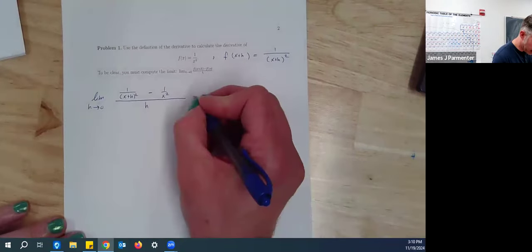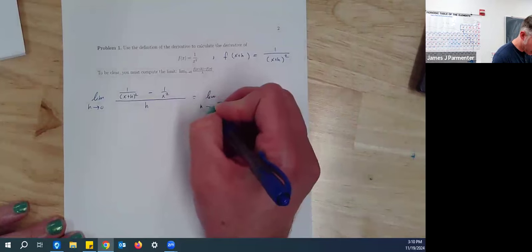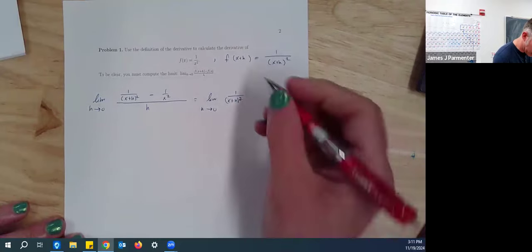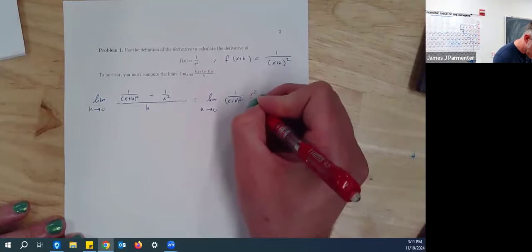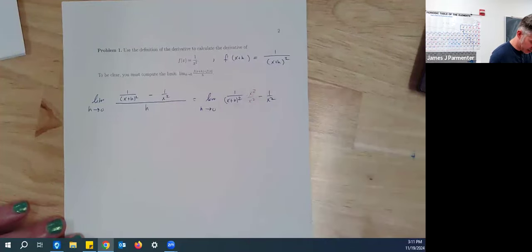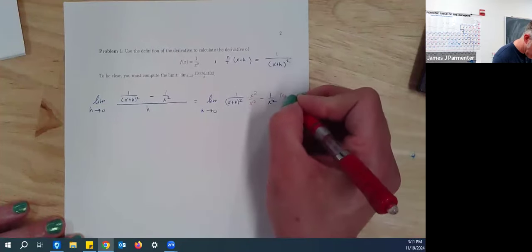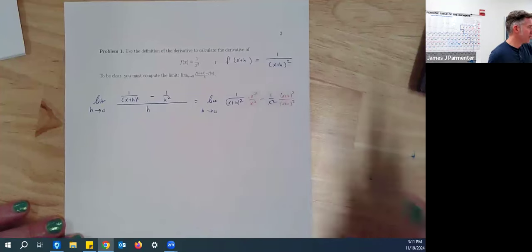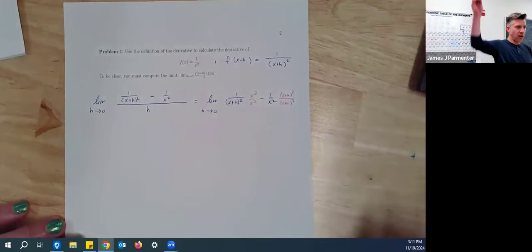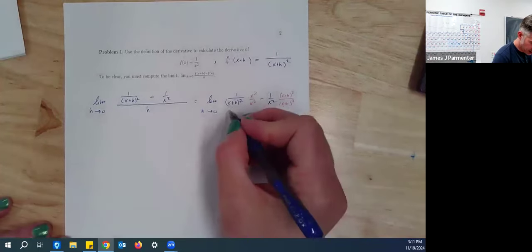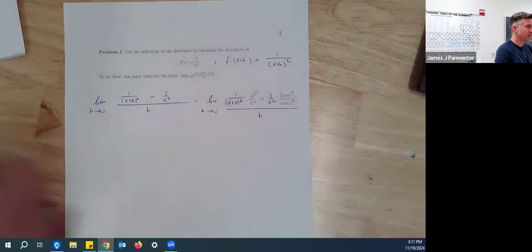So we write this as the limit as h goes to 0 of, I'm going to take this 1 over x plus h squared and multiply it by x squared over x squared. And I'm going to take this 1 over x squared and multiply it by x plus h squared over x plus h squared. For these problems, there is never a simpler common denominator. It's always just the garbage in one denominator times the garbage in the other denominator. It never is nicer than that.